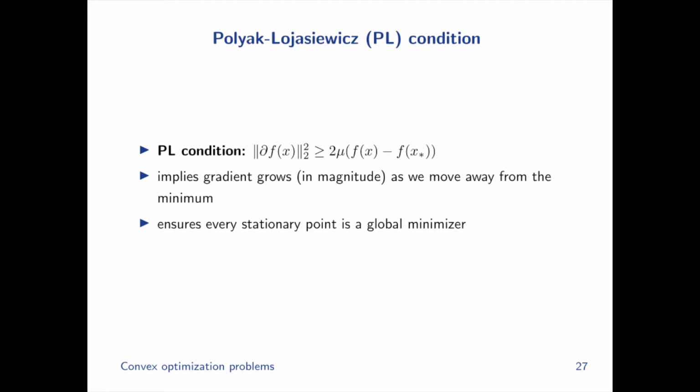basically there are no points in which the gradient is 0, but you're still not at the global minimum function value. Now there can be multiple global minima, right? It doesn't have to be unique, but it just implies that if your objective function is big, the suboptimality gap is big, then the gradient is also big, meaning that intuitively you can make progress if your suboptimality gap is big.